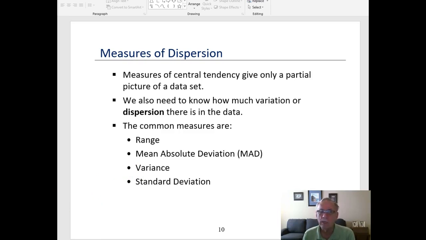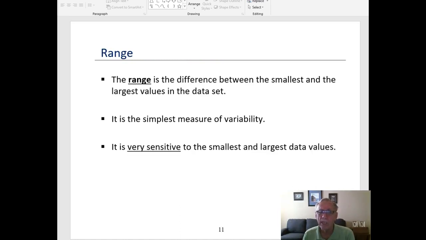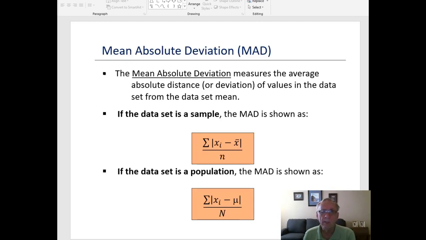I'm sure most of these aren't new terms to you, but we're going to go back and review one additional time. The range is nothing more than the smallest and the largest data value, taking the difference between the two, and that's the range of the data set.